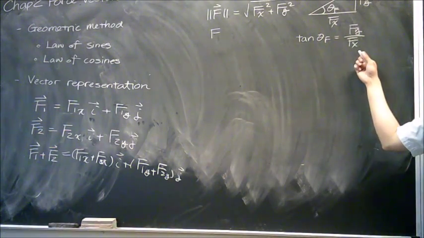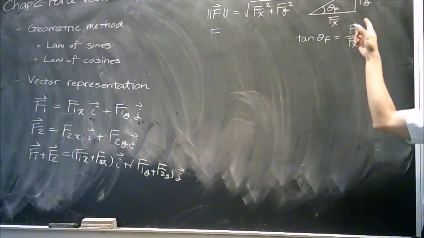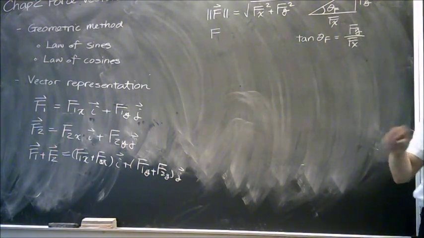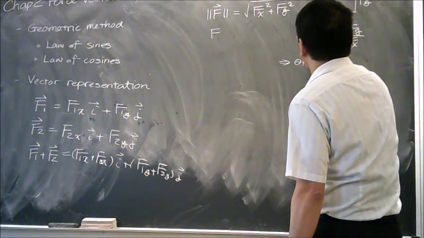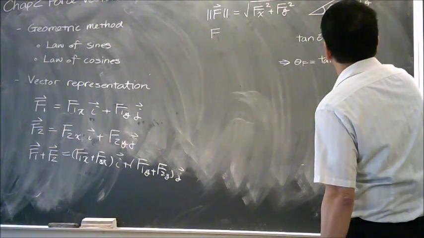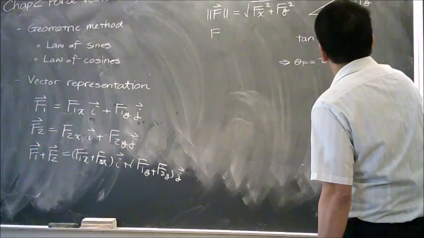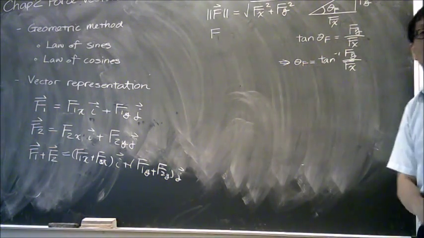Everybody with me? Understand how I get this equation? So if I want to know the direction, what do I get? Theta f equals to what? The inverse tangent of this value, then you get the angle.